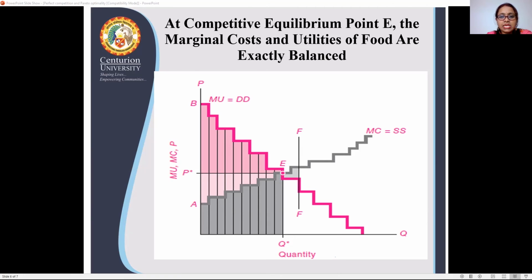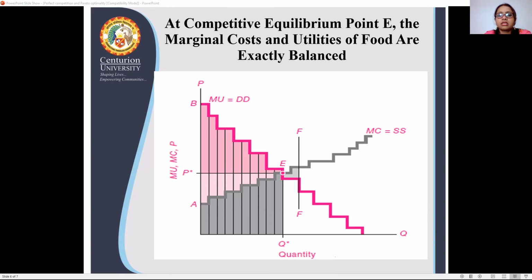Consumer surplus is the area between the demand curve and the price line, and producer surplus is the area between the price line and the supply curve. Producer surplus includes rent and profit to farms and owners of specialized inputs in the industry. That indicates the excess of revenue over cost of production. So what is the extra amount that the producer is getting?